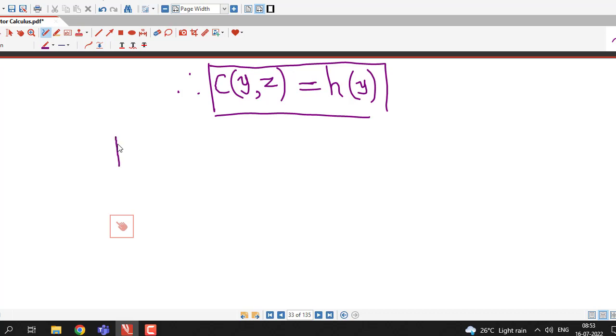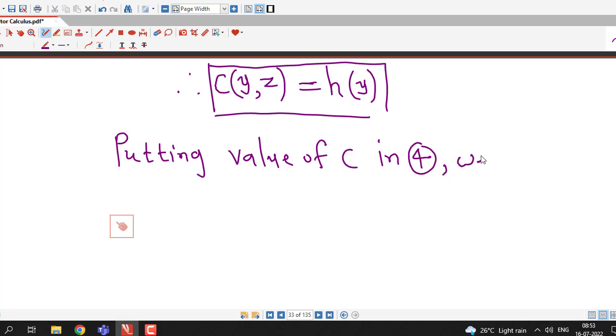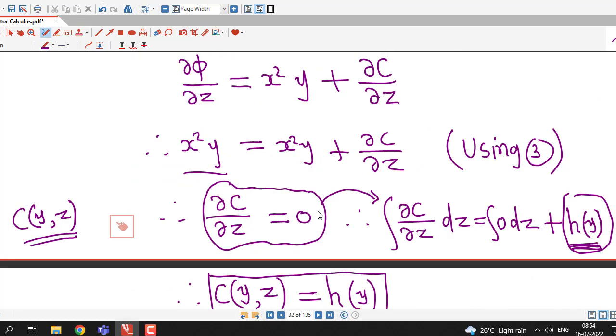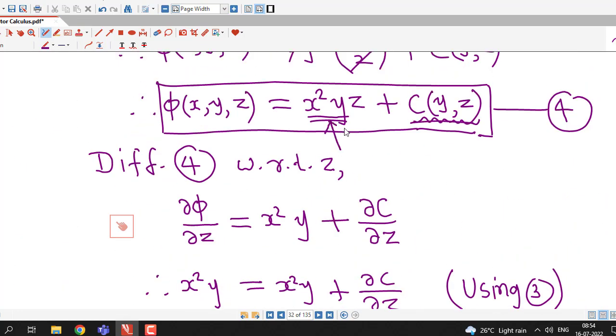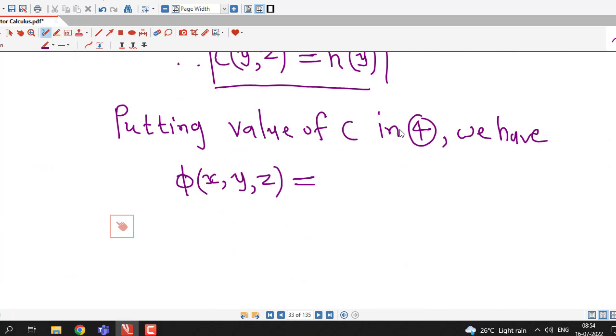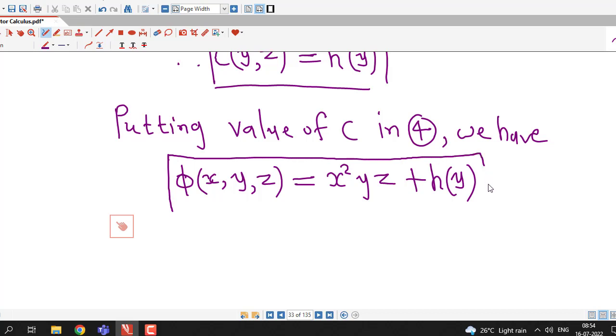So putting this value of c in 4, we have our scalar function phi of x y z equal to, here we have x square y z plus c, and c is h of y now, x square y z plus h of y, where h of y is an arbitrary function of y or constant.